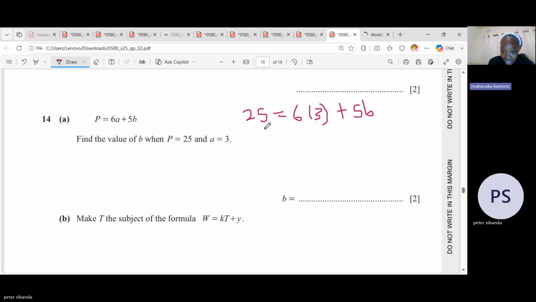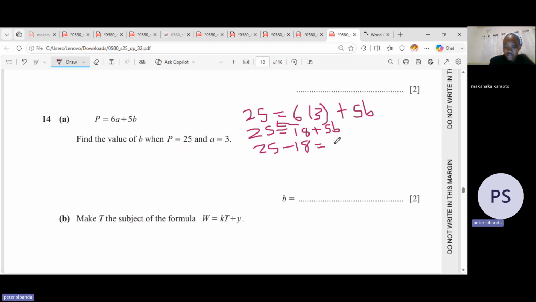So 25 is equals to 18 plus 5b. And then we move the 18 to the other side. So it becomes 25 minus 18.